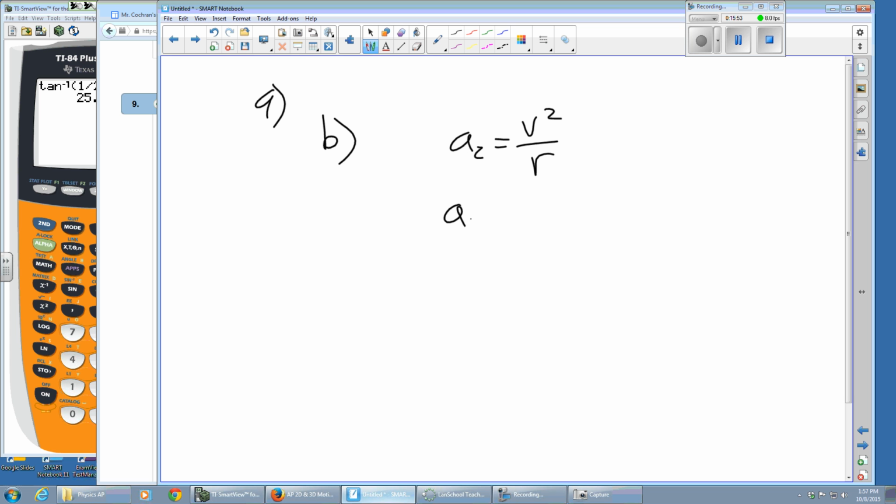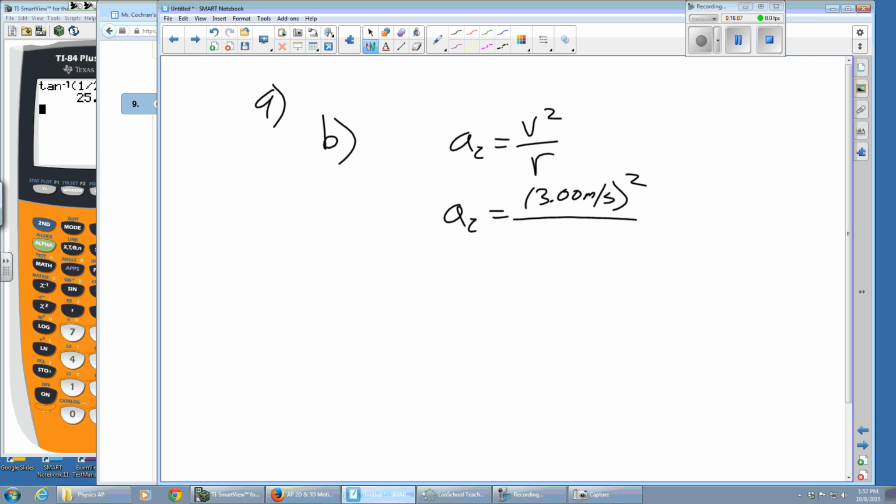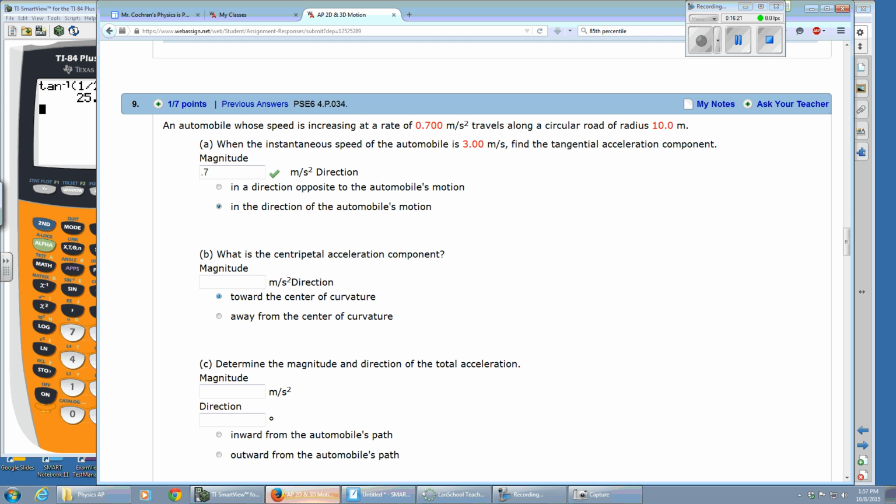For me, my v is 3.00 meters per second. I square that. Mine is going around a radius of 10 meters. And I find my centripetal acceleration. Good on B? Yep.